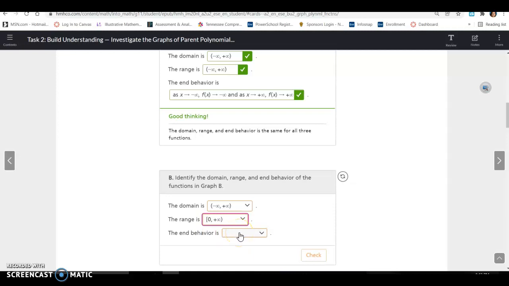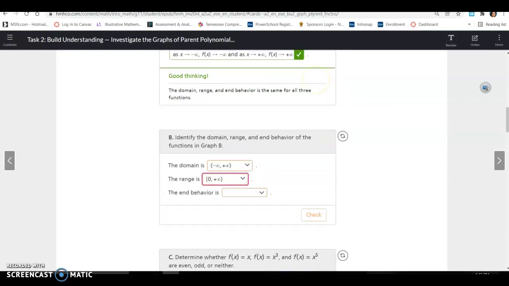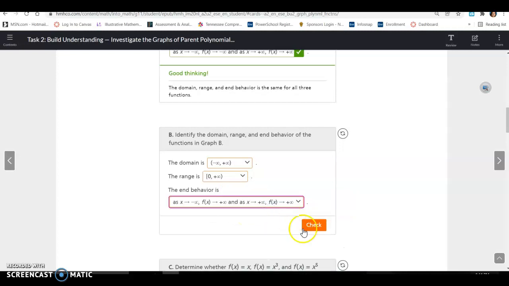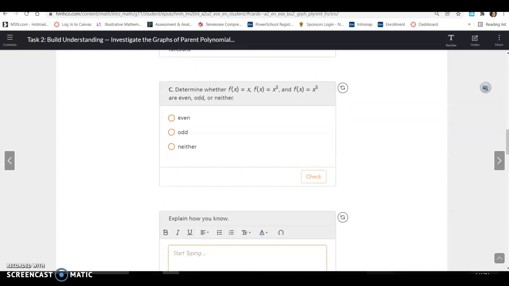And the end behavior: as x goes negative, y goes positive, and as x goes positive, y goes positive. So y goes positive on both sides, basically.